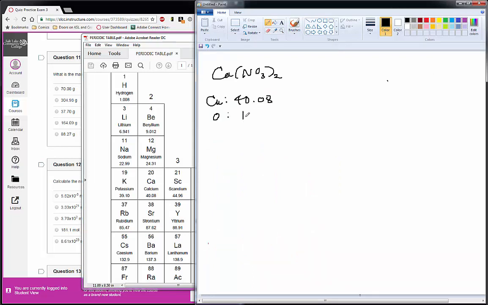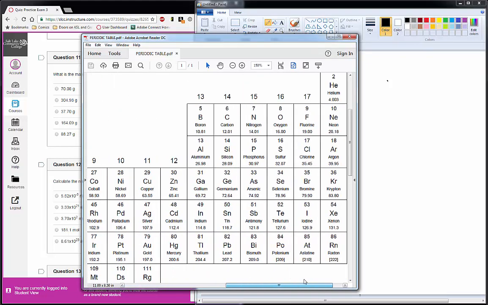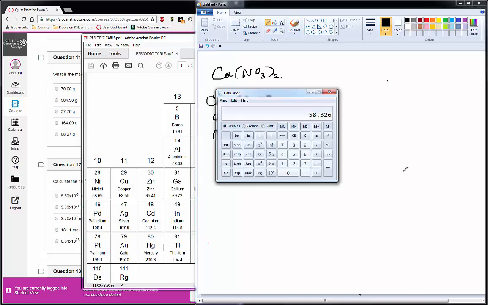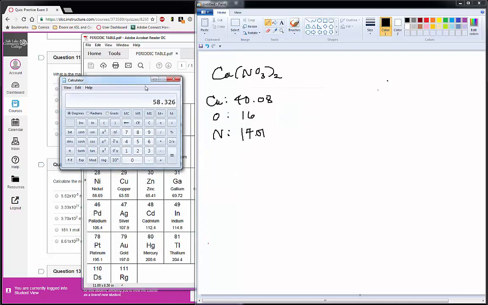We said that oxygen was 16. Nitrogen, I believe, is 14.01, but you can always look it up. So a molar mass of 1 calcium plus, I hope you can see, 6 oxygens there and 2 nitrogens gives me a total molar mass of 164.1.